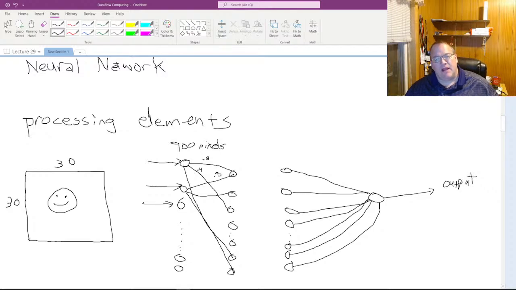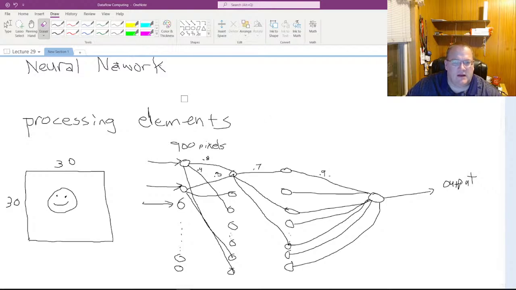That's just the weight. And so it's going to multiply that by the value that's on that node, and that's going to help inform the next one. And then these are all connected here as well, and these also all have weights. Say 0.7, and this has a weight, say 0.9, etc. At the end, this is an output of 1 or 0.